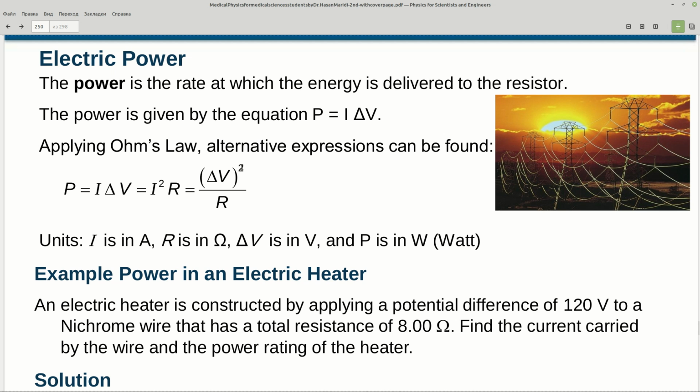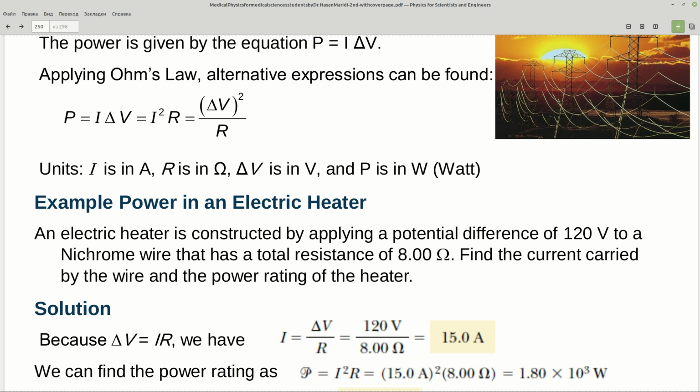and from Ohm's law it equals the product of the current and the resistance. To find the current carried by the wire, we need to divide this delta V by the resistance.